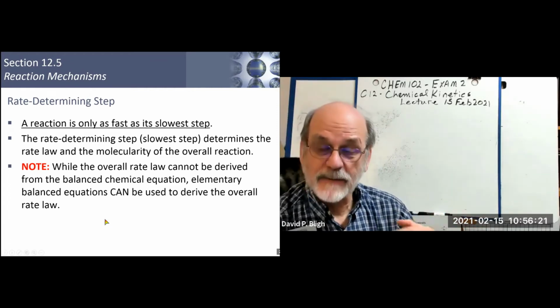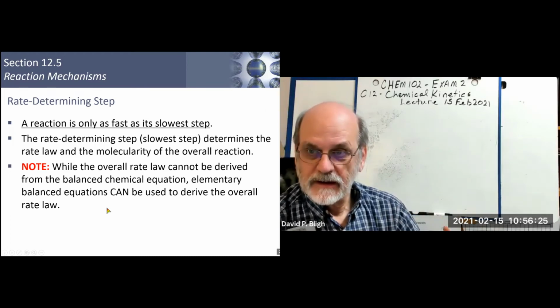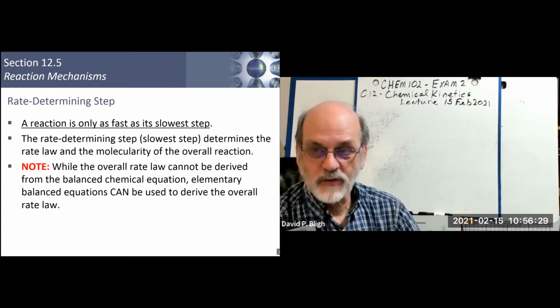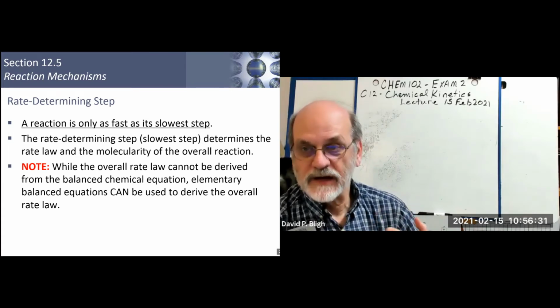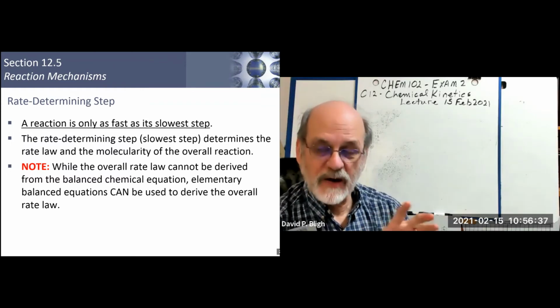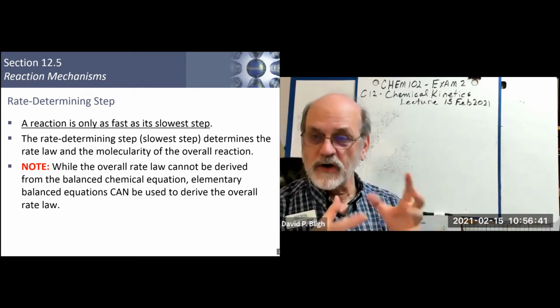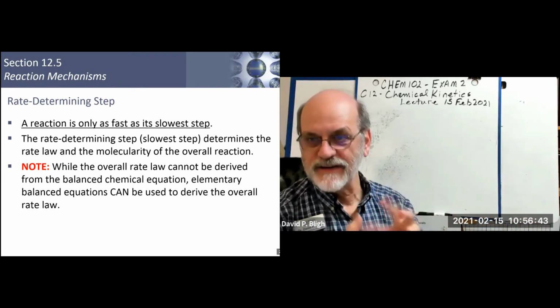Since we can say something about the order of elementary steps, a rate law can be derived from elementary steps. And then you compare it to the experimentally determined one, and that's one way to confirm whether or not your mechanism is a valid one.